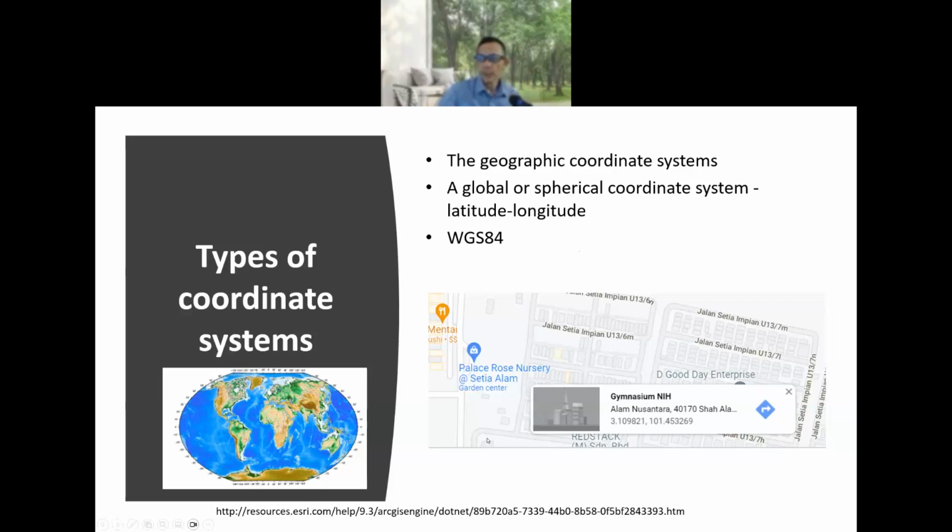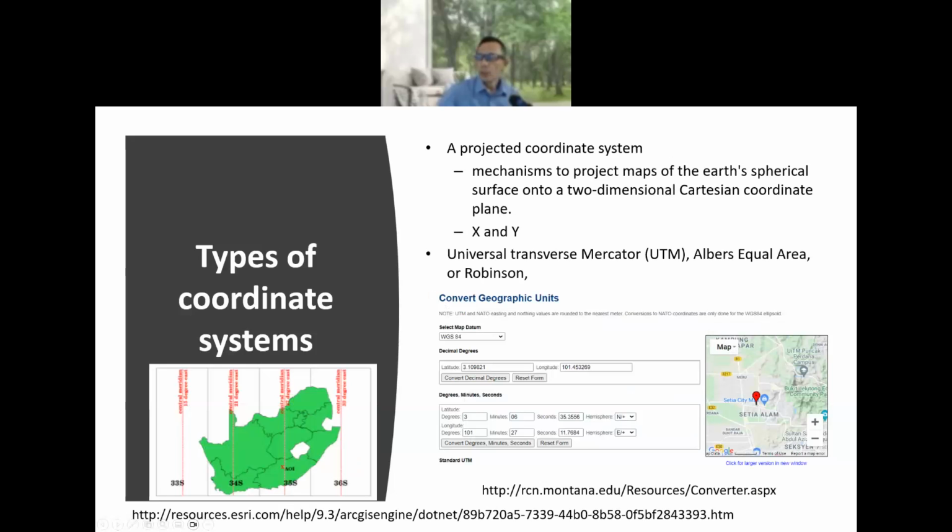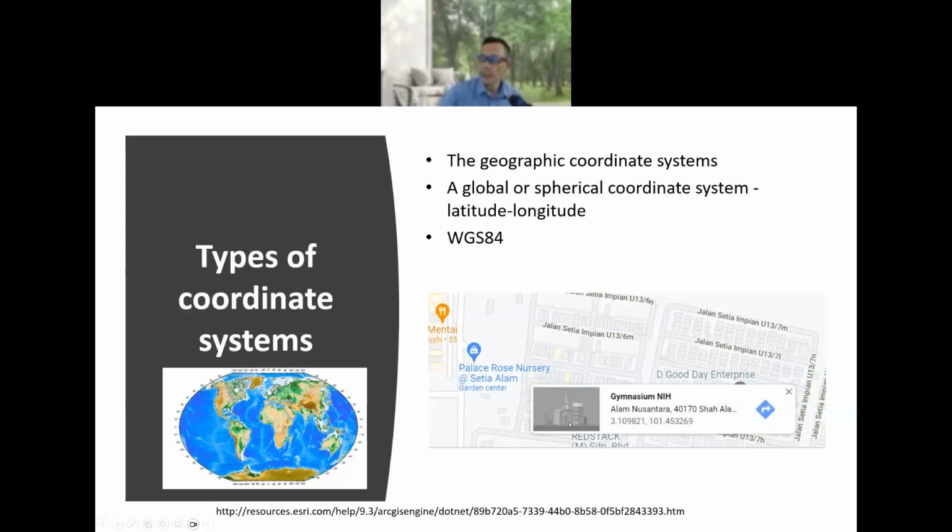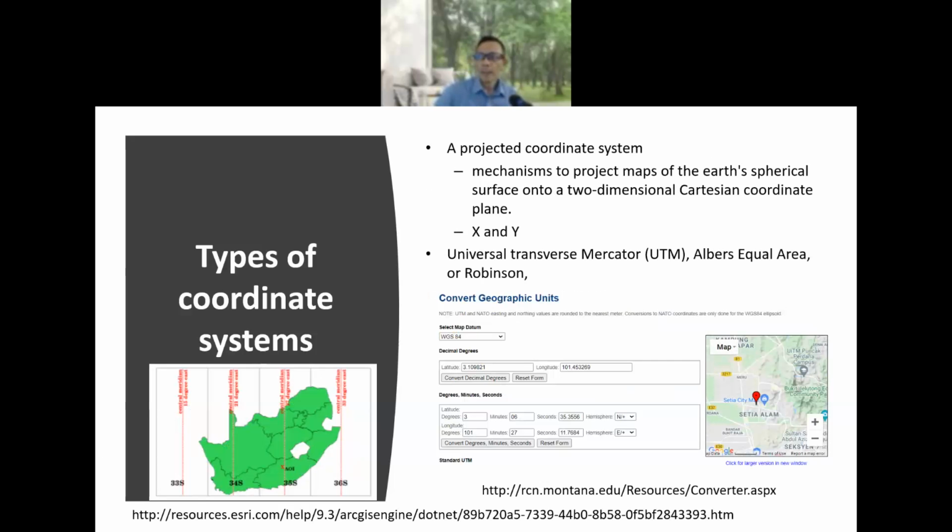And then you can convert this value, 3.1098, 101.4532, from WGS, the earth that is a sphere, to a projected coordinate reference by using some transformation methods.